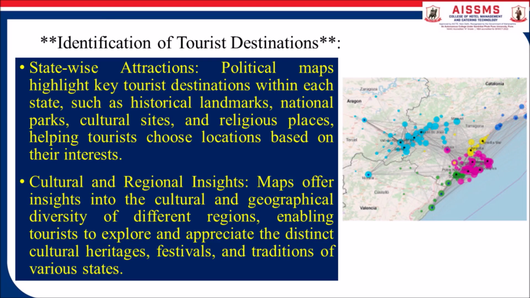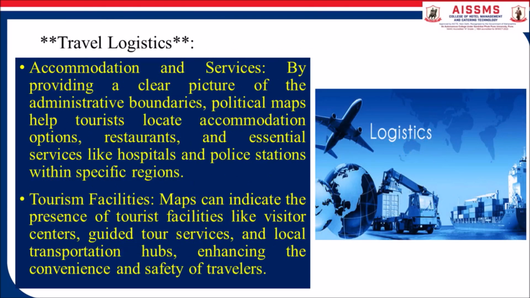Not only this, political maps also help in travel logistics. Logistics such as, importantly, accommodation. So when a traveler visits a particular destination, which hotels or any other places such as dharamshalas, or there can be guest houses or there can be homestays, are available for the guest to stay in that particular area.